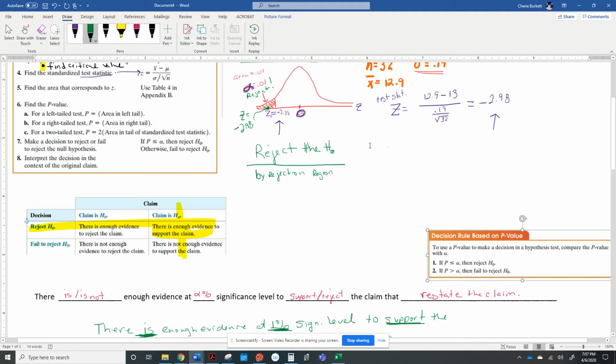Well, that's another reason why you want to use your calculator. Your calculator will give you a p-value, and I think StatCrunch does. To be honest with you, I don't remember if StatCrunch gave me the p-value, but it doesn't matter because we have a z-score right here.